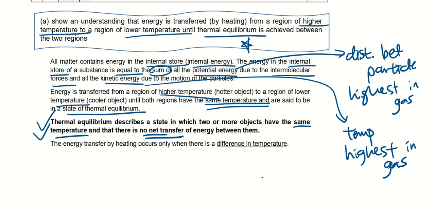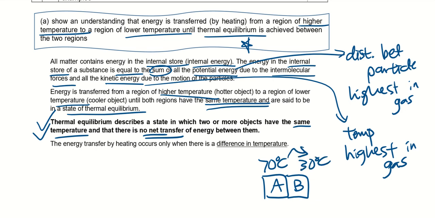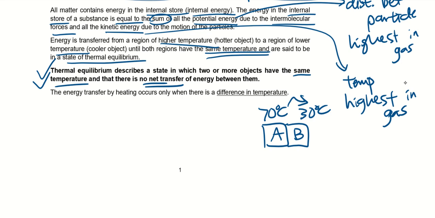Okay, so if I have two substances A and B touching each other, initially maybe this is 70 degrees, this is 30 degrees, and we know that thermal energy will be transferred from higher to lower temperature. So eventually they may reach something like 54 degrees. This is where they reach thermal equilibrium after some time, and there is no net transfer.